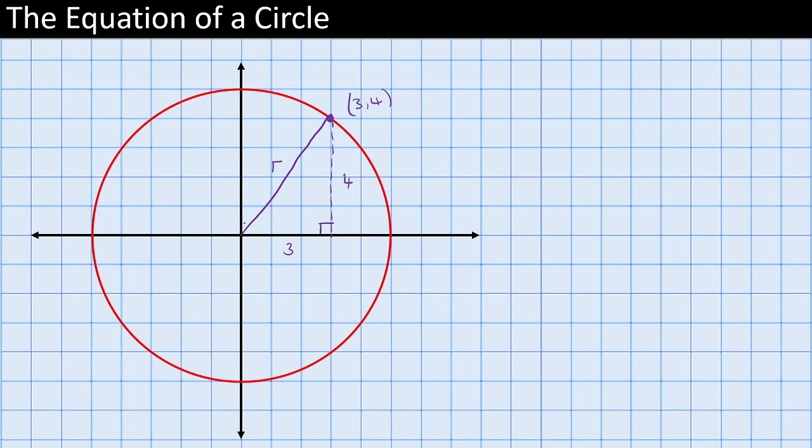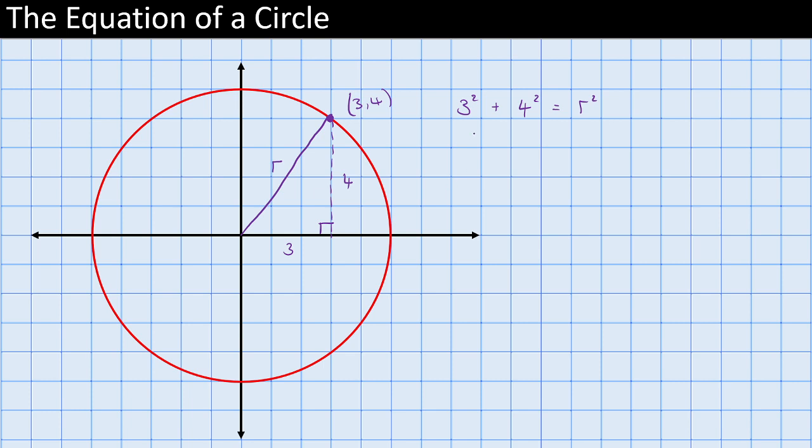We can see that the radius is going to be the hypotenuse of that right angle triangle, and the right angle triangle has got sides 3 and 4. Now, if we know our Pythagoras' theorem, which hopefully we do, we would be able to say that the 3 squared plus the 4 squared would be equal to the radius squared, the hypotenuse of our right angle triangle.